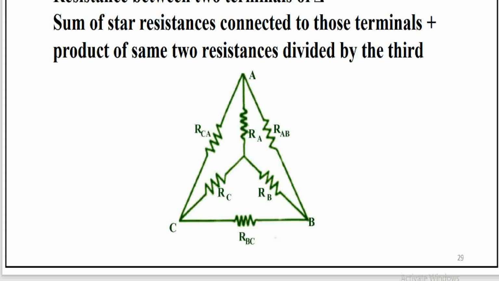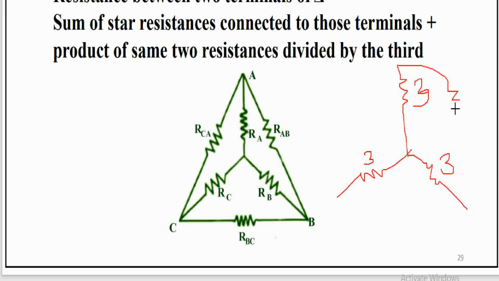And let us have a conclusion, similar to your delta. Let us consider each is 3 ohms: 3 ohms, 3 ohms and 3 ohms.